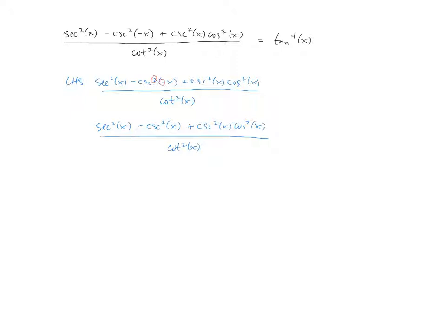Okay, so the next thing that I'm noticing is the second and third terms both have cosecant squareds in them. So I'm actually going to factor that out. I've got a secant squared x, and I'm going to factor out a negative cosecant squared x, and then I'll have a 1 minus cosine squared left over.